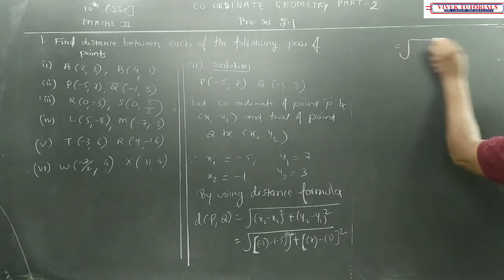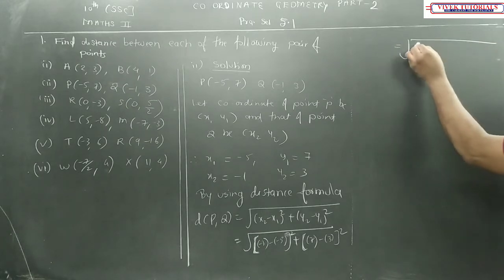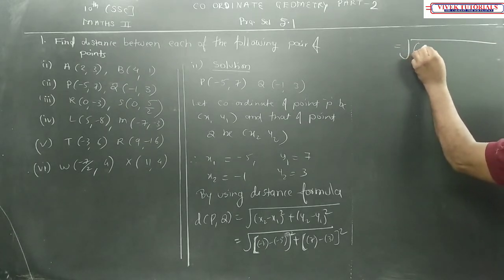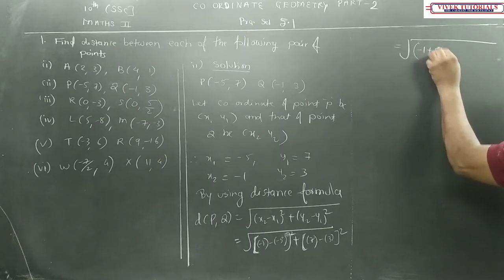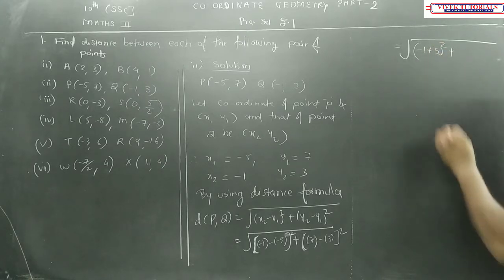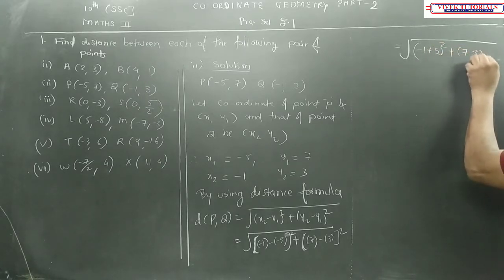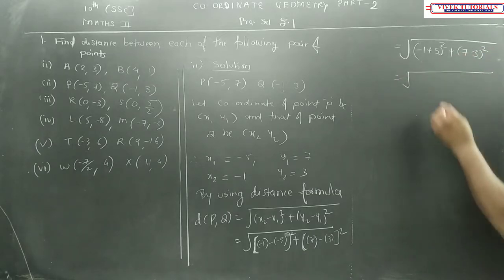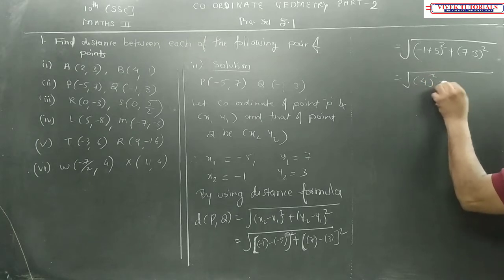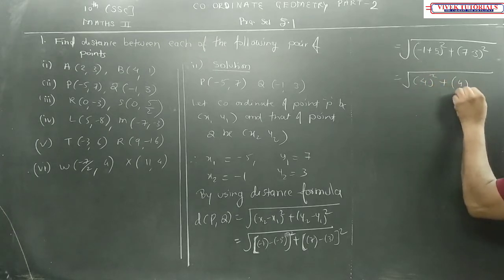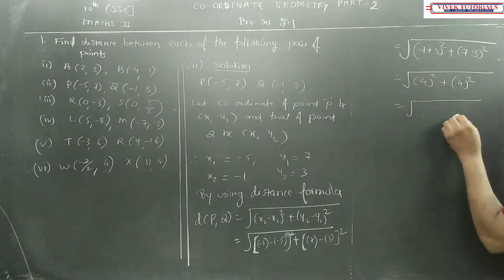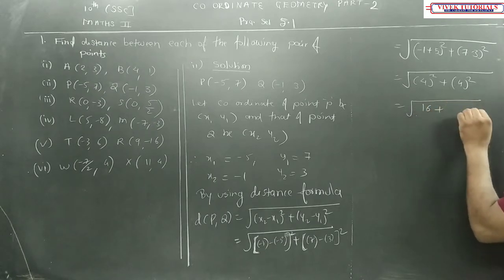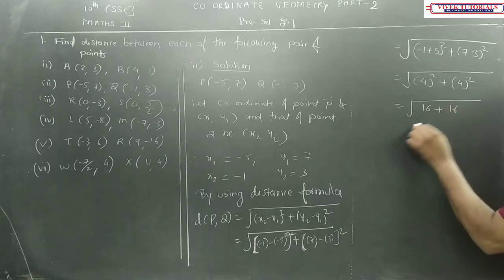That is equal to root of, in bracket, minus 1 plus 5 the whole square and 3 minus 7 the whole square. Root of minus 1 plus 5 is 4 the whole square plus 4 the whole square. We are getting 4 square is 16 and here also it is 16.